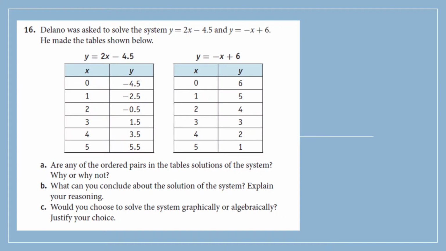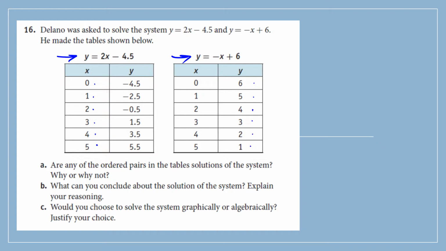All right, Delano was asked to solve the system, and he made the tables shown below. So he plugged in some x values to this function and got these y values, and he did the same for this function. Are any of the ordered pairs in the tables solutions of the system? Well, we have the same input, 0, 1, 2, 3, 4, 5 on both, but we don't have any matching output.